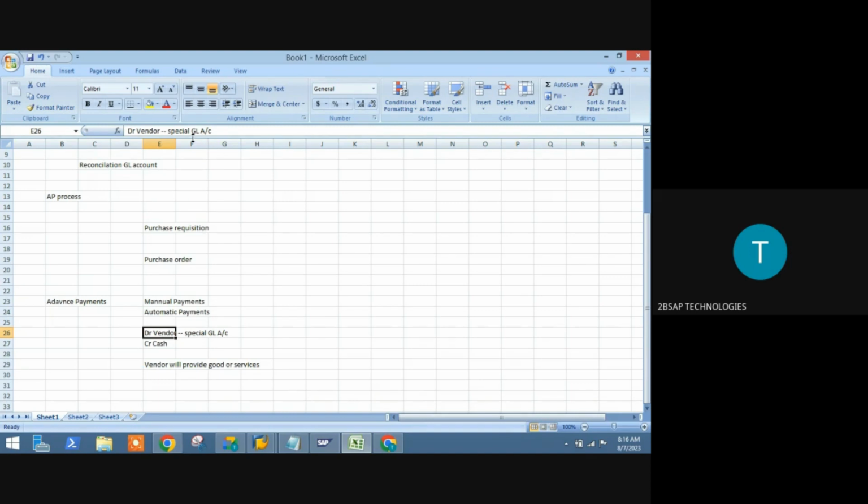Using a special GL account means that instead of the vendor GL, you are going to use a special vendor special GL account. Special GLs are used based on the nature of the transaction other than your invoice.